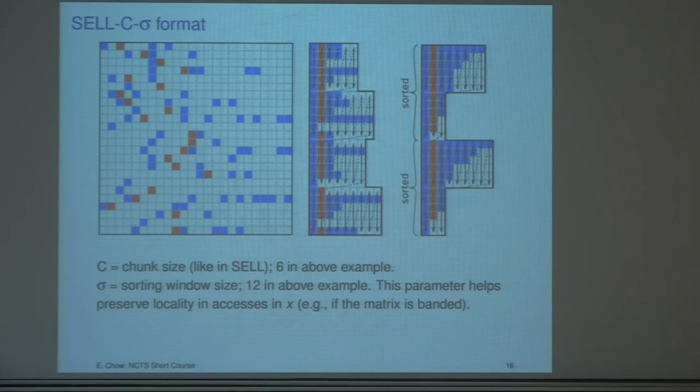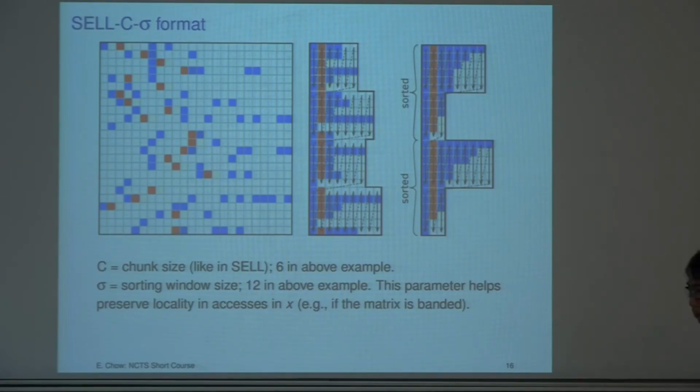And imagine if you had a banded matrix, okay? If you have a banded matrix and you're going to move some of the rows, the matrix after you move some of the rows will still look kind of banded. The bandwidth may increase a little bit, but it'll still look kind of banded, okay? And because it still looks kind of banded, the access to X is still going to be fairly efficient. Okay, so the main reason for not sorting the entire thing together and to use these windows is to help preserve locality in accessing X.